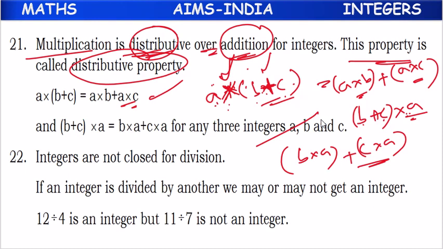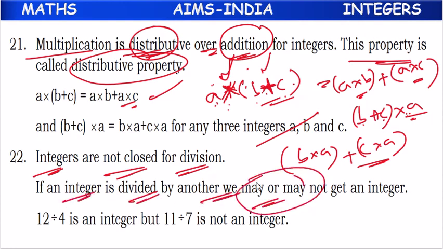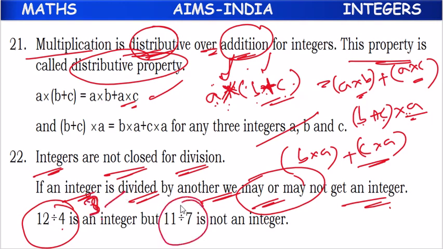Okay. Next, integers are not closed under division. If an integer is divided by another integer, we may or may not get an integer. Because 12 divided by 4, 3 times, we are getting 3 as the answer, which is an integer. But 11 divided by 7 is not at all divisible.